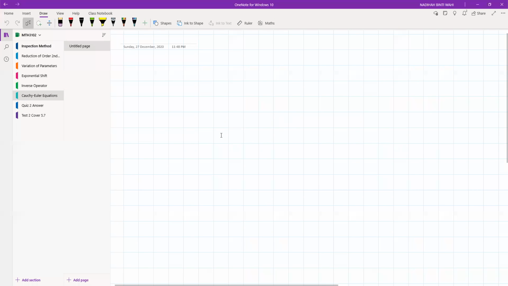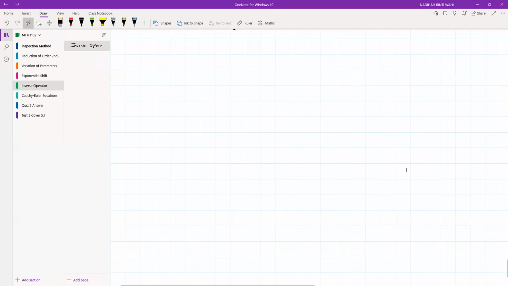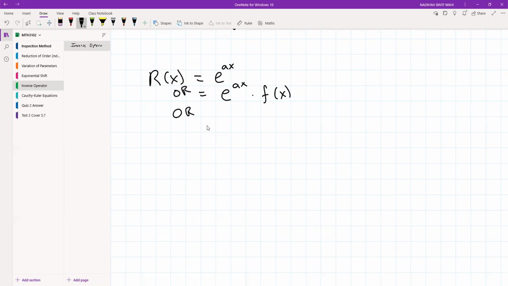Ada soalan? Conclusion untuk inverse operator, dia cuma guna macam saya kata tadi. If you have 3 cases, right hand side sama dengan e to the ax, e to the ax darab dengan any function f of x, ataupun x to the power of n, dia punya solution yp is just 1 over linear operator of r of x.